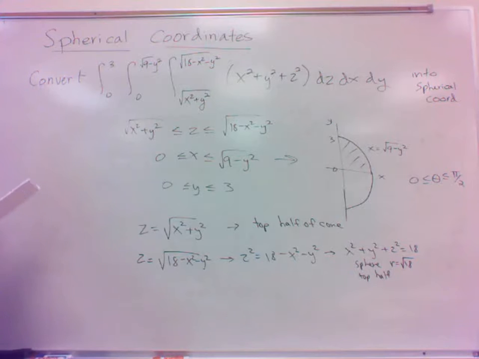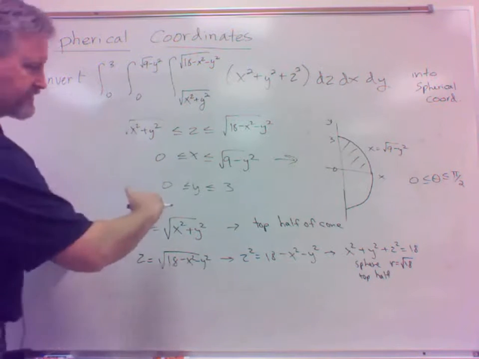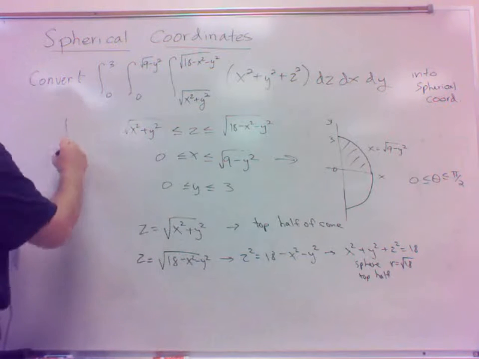And so one thing that tells me is my range for rho. Okay, and so I'm going out to that square root of 18, so that's the top half here.